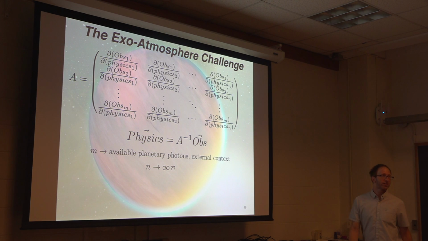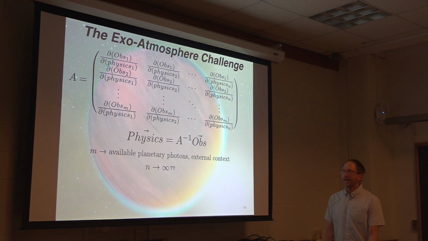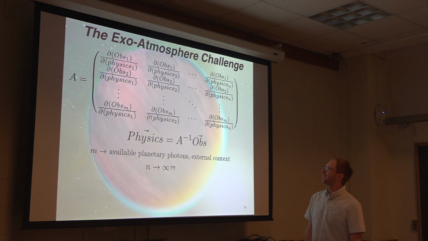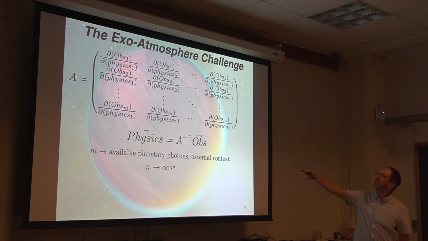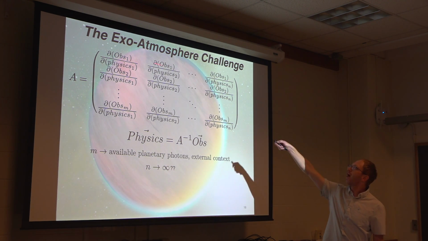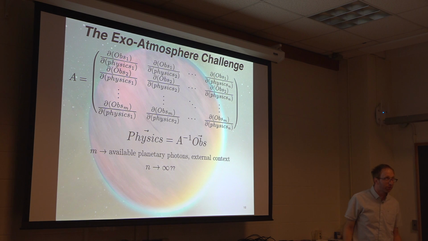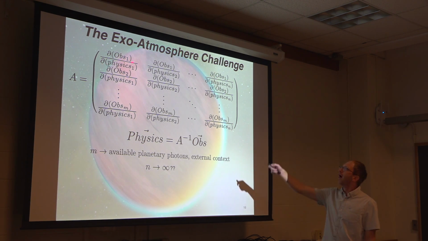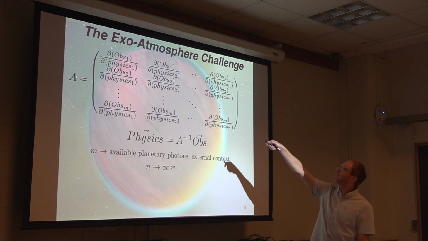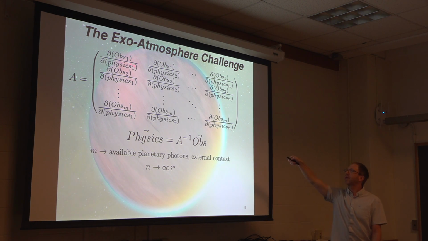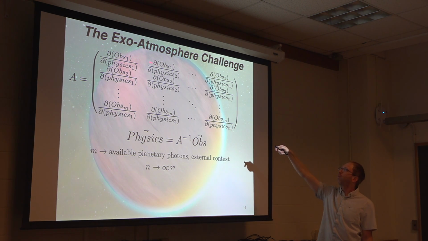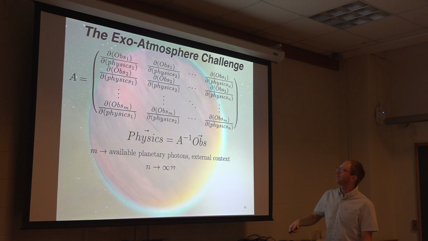But this is sort of my philosophical existential crisis in the exo-atmosphere community in sort of janky math notation, where we have all this physics that we want to know, and we don't even know what all the physics we want to know is, so that's a problem. But then we have these observations, and we want to figure out which observations are sensitive to which physics.